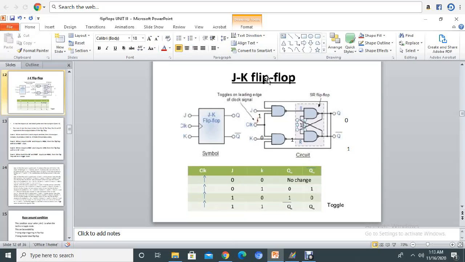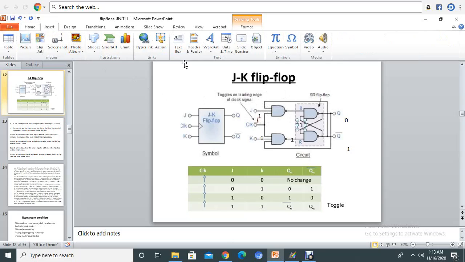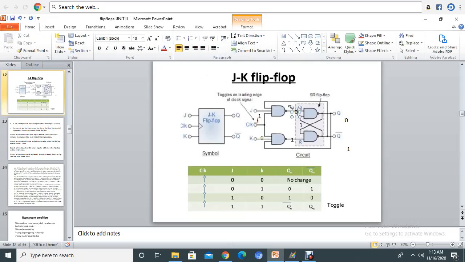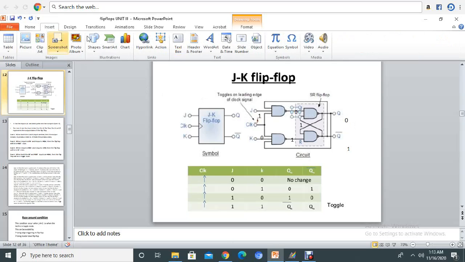So J is equal to 1, clock is also high, the first input is also 1, so here we have 0. Now I am getting 0 here. If any one of the input is 0, then the output will be 1.